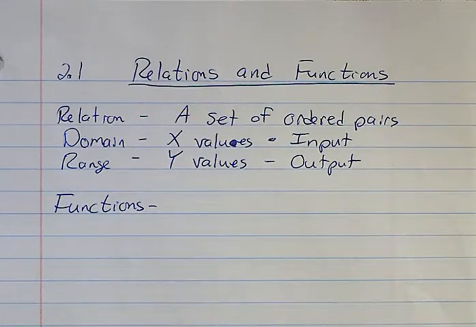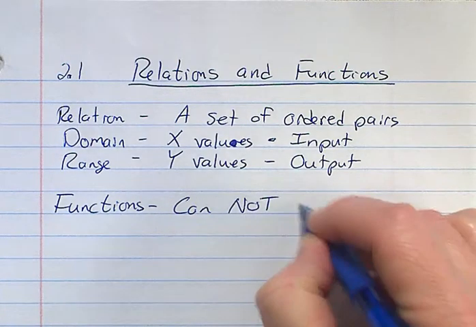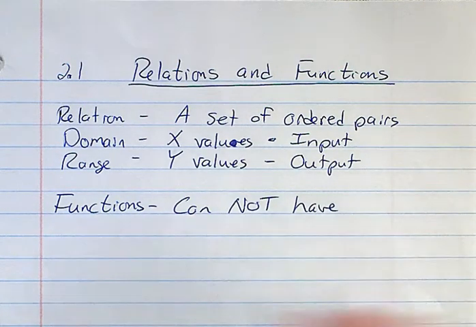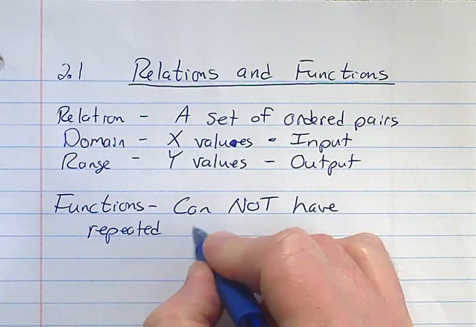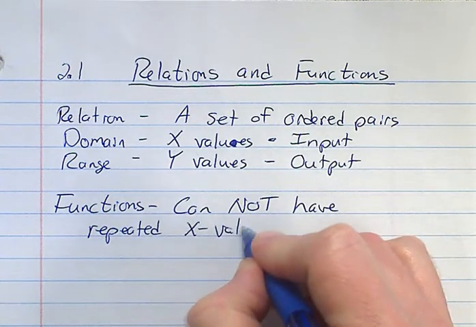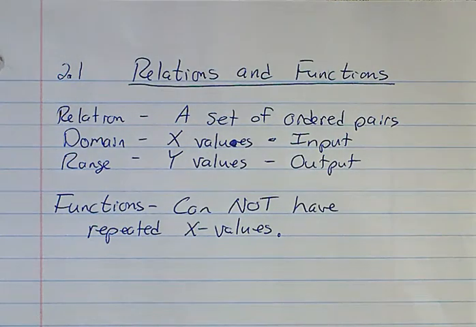Now, there's a longer, more technical definition, but let's just give you the easy, plain English definition here. Functions: you cannot have repeated x values. Basically, a function is, if you do this one specific number, you should always get the exact same answer back.